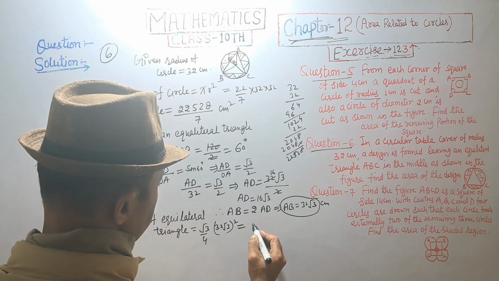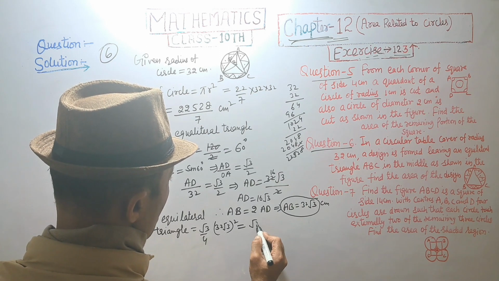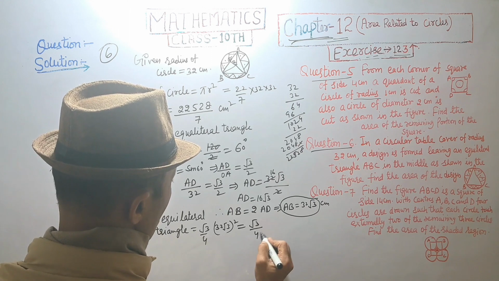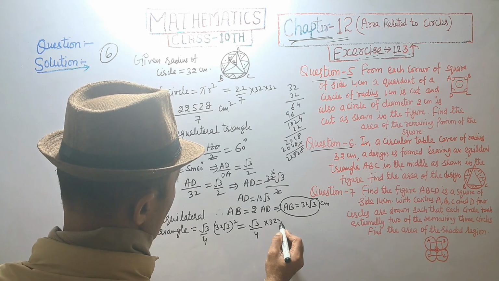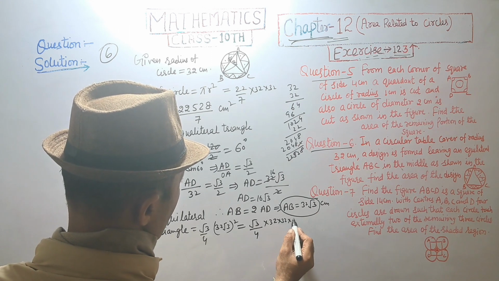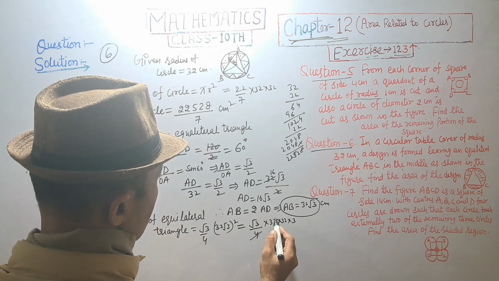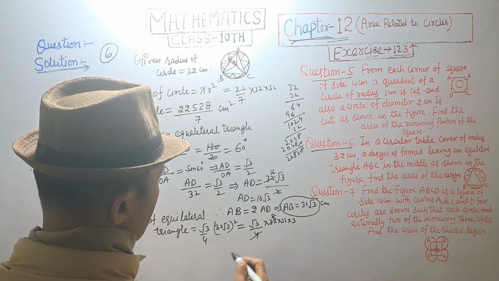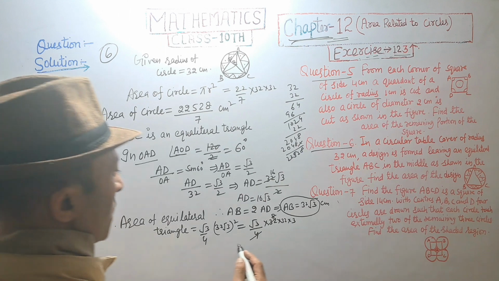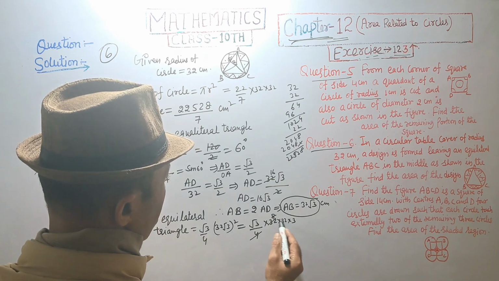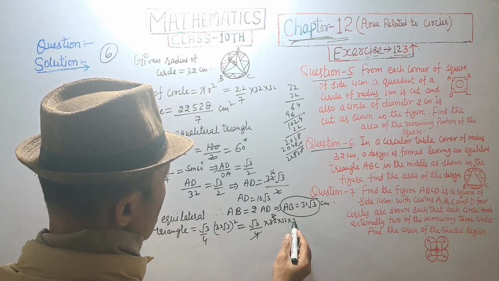This implies root 3 upon 4 into 32 into 32 into 3. 8 4s are 32 and 8 3s are 24.